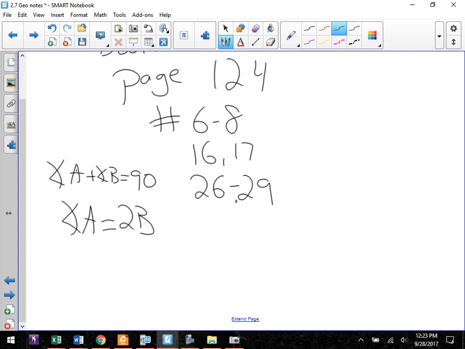So that means then I can do what? You guys remember how to work with linear systems of equations? Yeah. That means you can do this. What's 2B plus B? 3B.